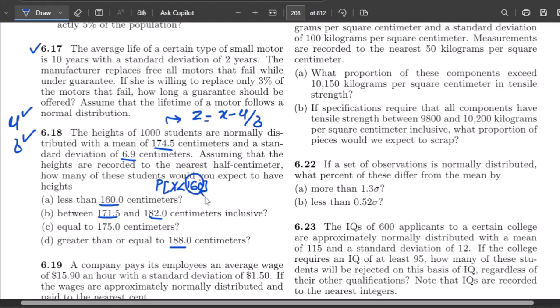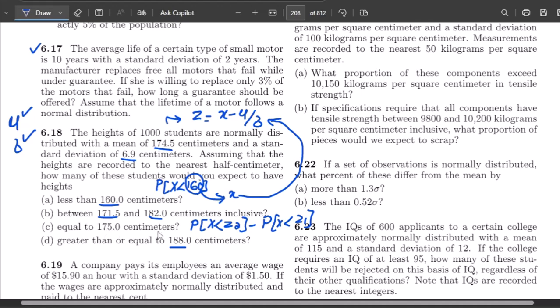What do we have to do? This is the small x, and similarly here, first we will convert it into z, and after that we will use the z distribution table. It would be very easy for the first part: the probability that x is less than 160 becomes the probability that z is less than the converted value. Similarly, in b, between 171.5 and 182.0 centimeters, it will be the probability that z is less than z2 minus the probability that z is less than z1.